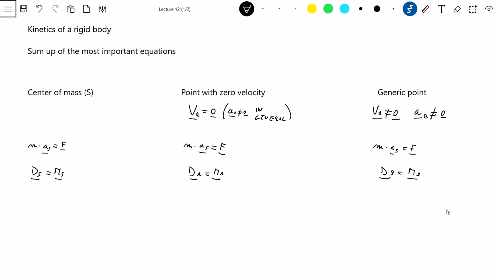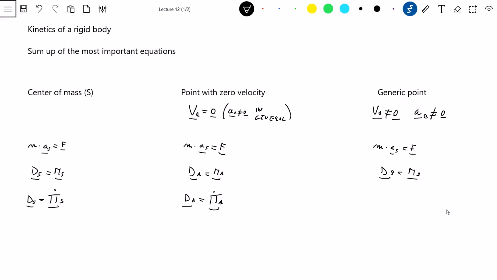So in the case of the center of mass, we have dS is equal to pi S dot. And if we have a point with zero velocity, then dA is equal to pi A dot, which is also quite convenient.